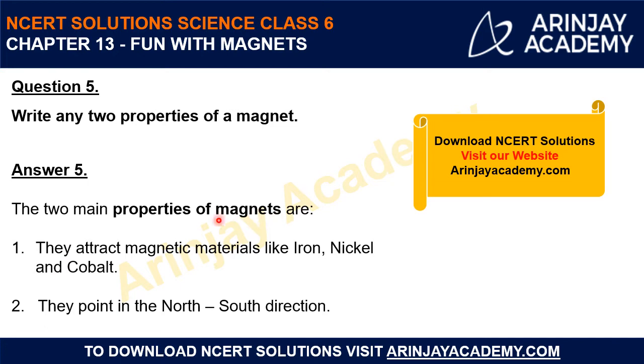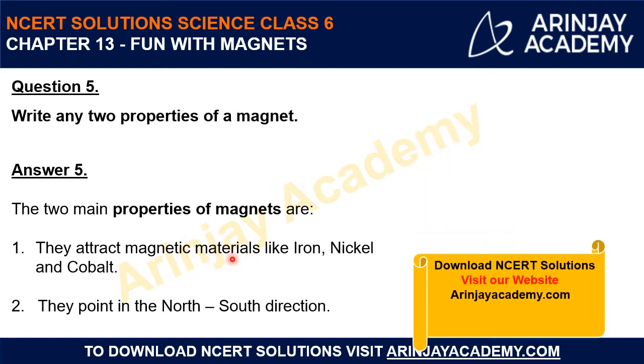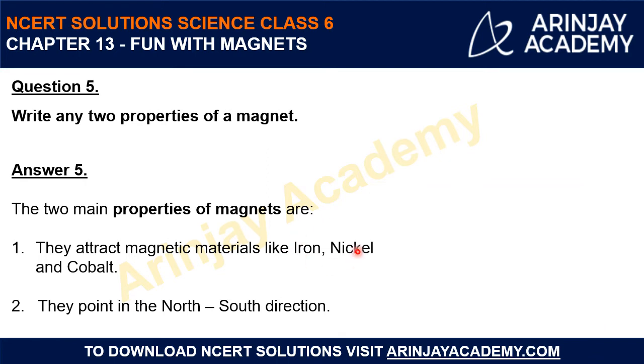So जो magnet है वो क्या करता है, वो magnetic materials को अपने along attract करता है. And magnetic materials के examples क्या हो गए? It can be iron, nickel और cobalt. So इन तीन materials के अलावा भी बहुत सारे और magnetic materials possible है जिसे magnet attract करता है. So this is one of the two properties.